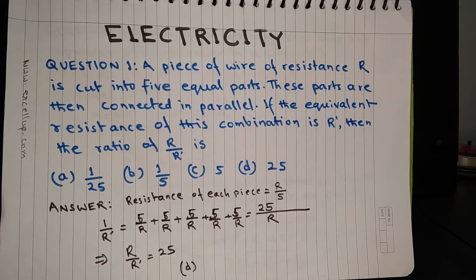When the wire is cut into 5 equal parts, the resistance of each part becomes 1/5 of the given resistance, so it will be R upon 5.